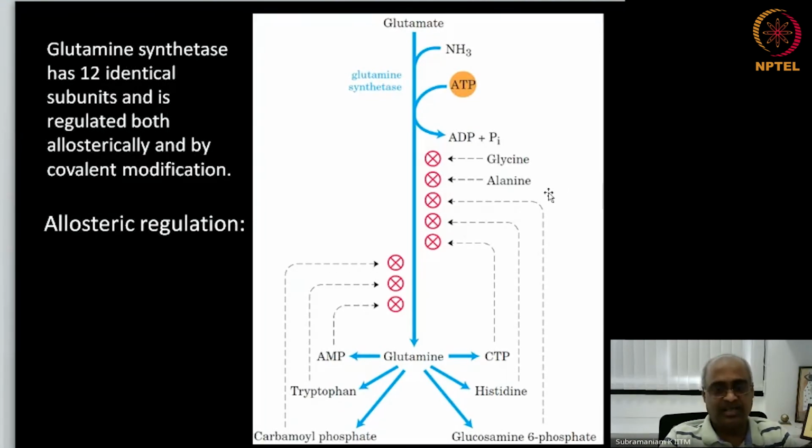Okay, glycine, alanine, histidine, glucosamine phosphate, which is not an amino acid but a single monosaccharide derivative. Then these nitrogenous nucleotides as well. Okay, so here you have cytosine triphosphate. So all these end products, nitrogen containing molecules, they all act as negative regulators.